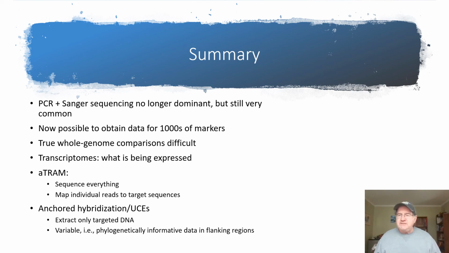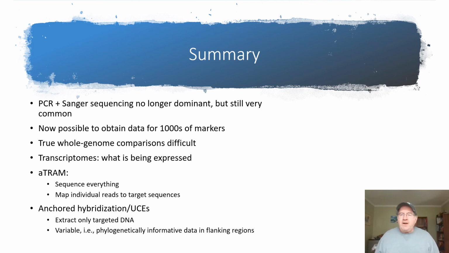In ATRAM, basically you sequence everything and then extract from those sequences the ones that match the markers that you've identified as being interesting. There's also transcriptomes. I thought I skipped it. In transcriptomes, you're sequencing whatever is expressed. So it's always important to do as well as you can to make sure that the RNA being extracted is coming from organisms with a similar life history, similar condition, so that they're expressing the same genes.